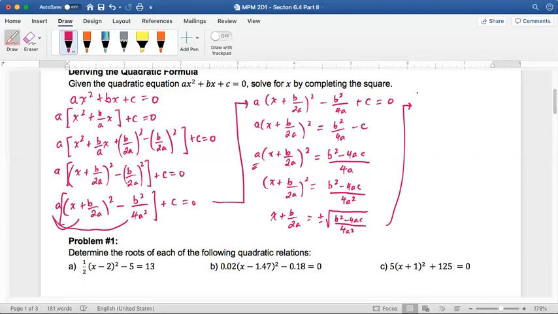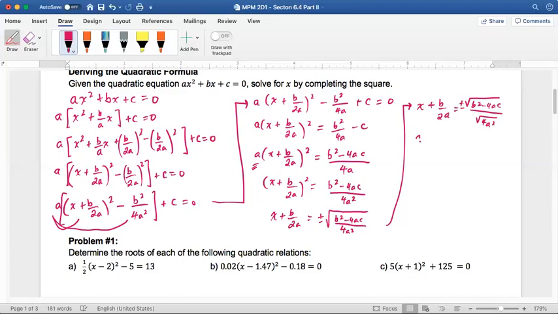And we're practically done at this point, because we get x plus b over 2a is equal to, this radical can be split up into numerator and denominator, and in the top we get b squared minus 4ac, and in the denominator we get root 4a squared. Now, of course, we have a plus or minus in front of the numerator.